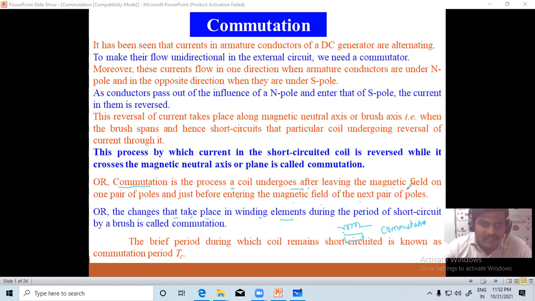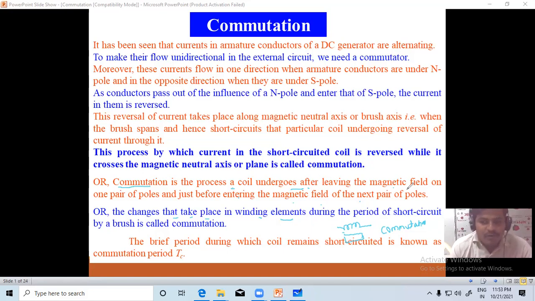The commutation process can be defined as the reversal of current in the coil when the coil passes from one pole to another pole, it may be from N pole to S pole.